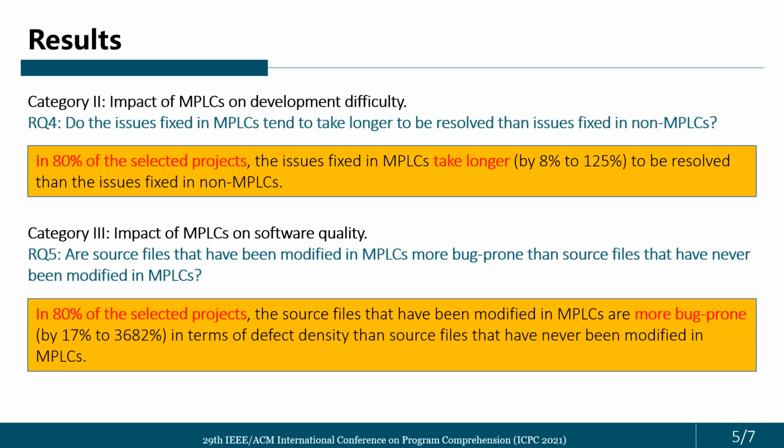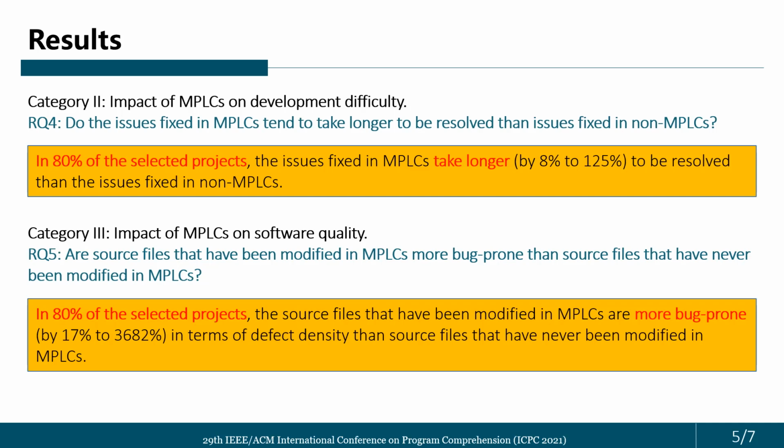Research question 5 is about are source files that have been modified in MPLCs more bug-prone than source files that have never been modified in MPLCs. Bug proneness of a source file can be measured by defect density of the file.